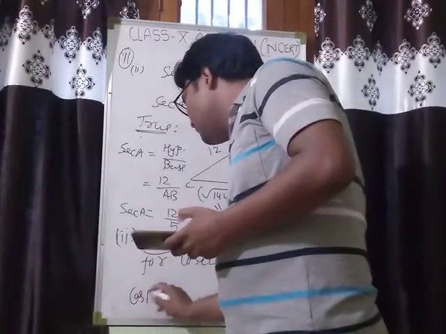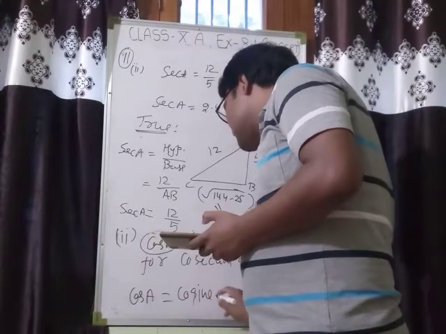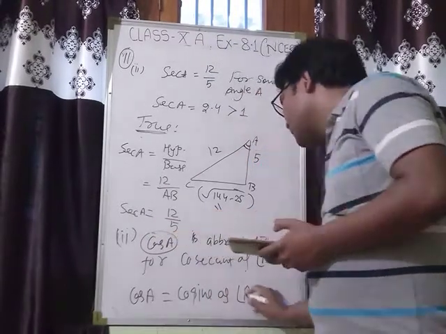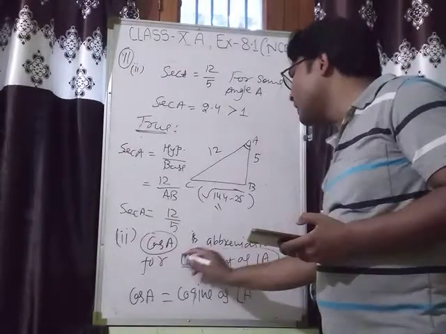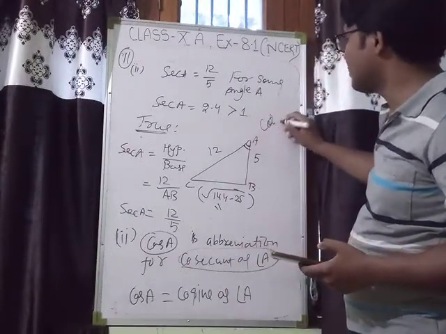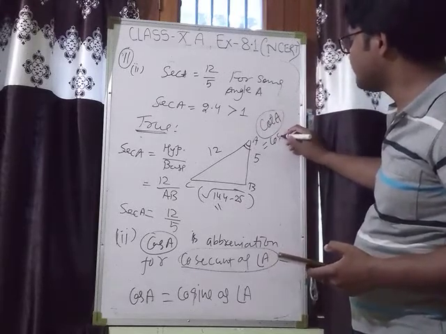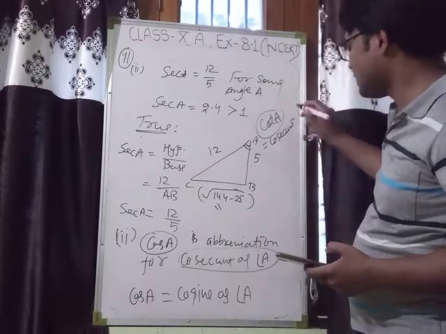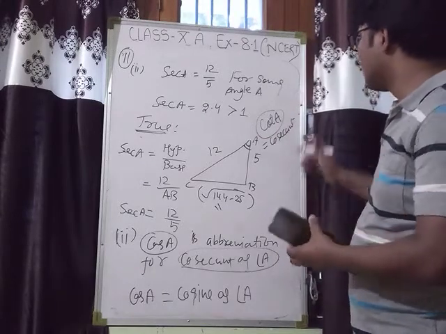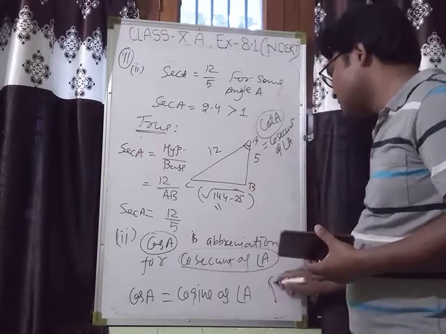Cos A stands for cosine of angle A. What is written for cosecant? Cosecant is written as cosec, not cot. Okay, that is cosecant of angle A. Clearly that statement is false.